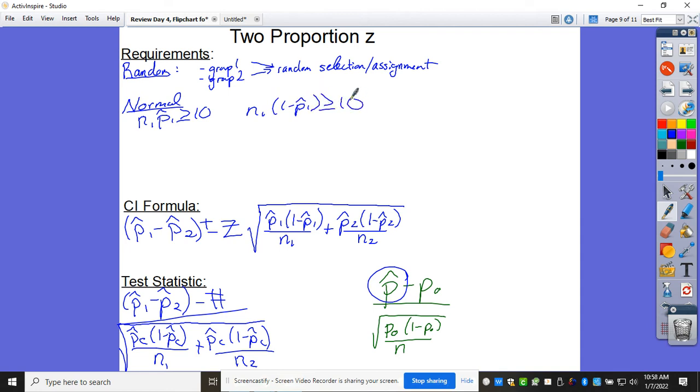And then also what? n2 times p hat 2. And then independent, 10% condition for both.